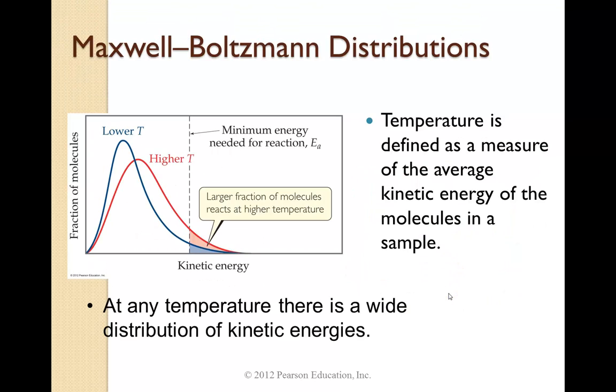This is the Maxwell-Boltzmann distribution. Temperature is defined as a measure of the average kinetic energy of the molecules in a sample. At any temperature, there is a wide distribution of the kinetic energies. So all of these down here are all at different kinetic energies.